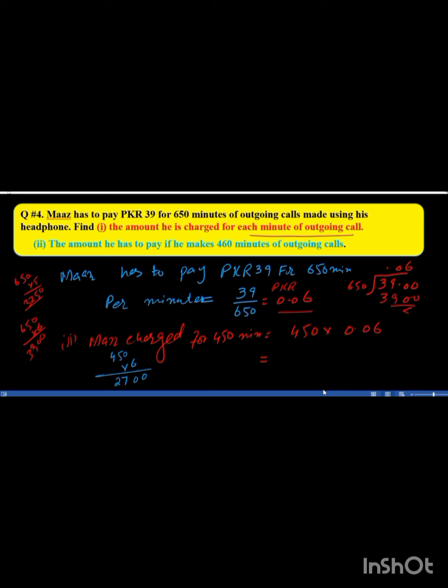It is not 450 minutes, it's 460 minutes in the question. So we have to multiply with 460. 6 6s are 36, and we get 27.60, that is 2760. There are two digits after the decimal, so 1, 2, and you put a decimal here. The unit of this answer is PKR, means the total Maz is charged for 460 minutes is PKR 27.60.